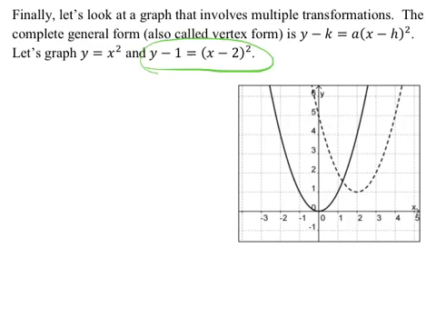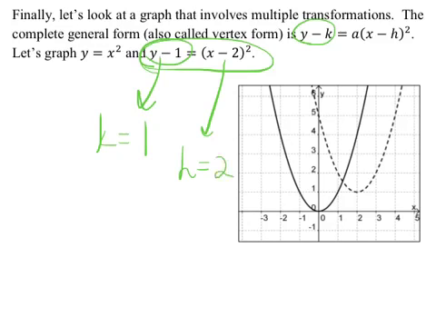So what is k in this problem based on this? What is k in this problem? 1. Because again, it's y minus k, and then it's y minus 1. So k has had its place taken by 1. And h, everybody, what's h? 2.